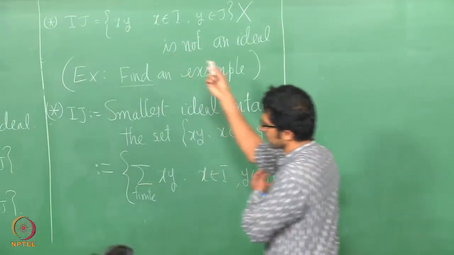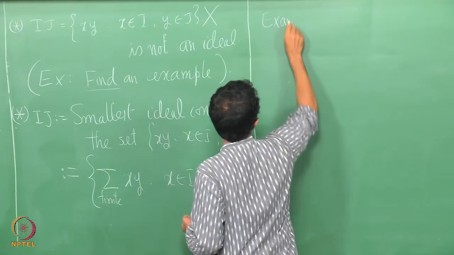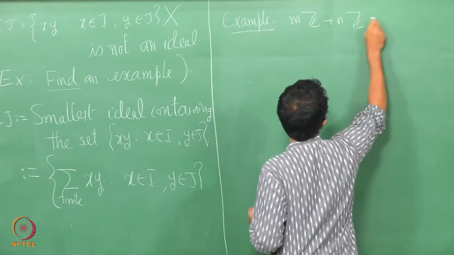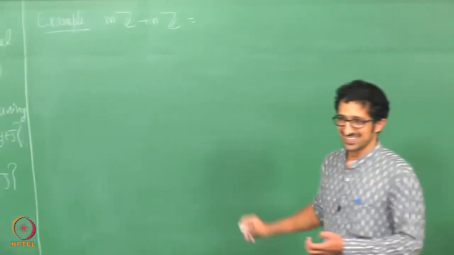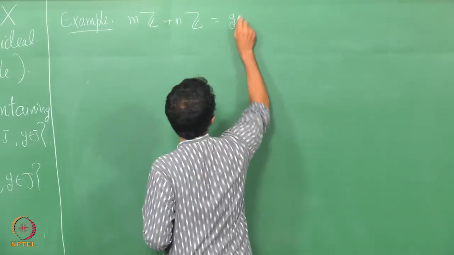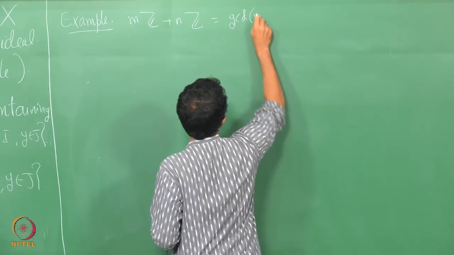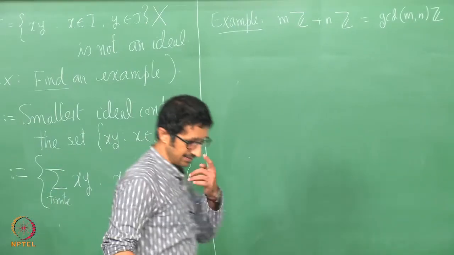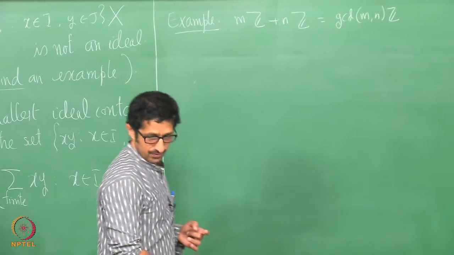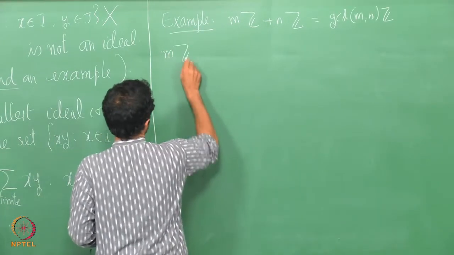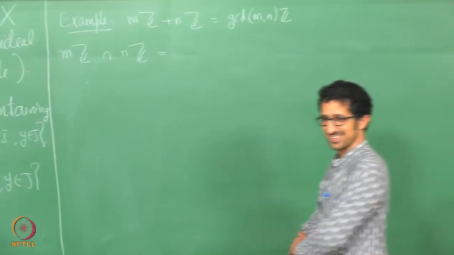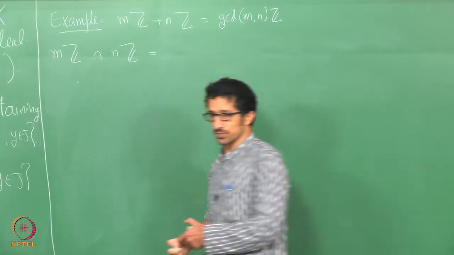Just to look at some quick examples. What is mZ plus nZ? This is the GCD of m, n times Z. And mZ intersection nZ, what would be this ideal?